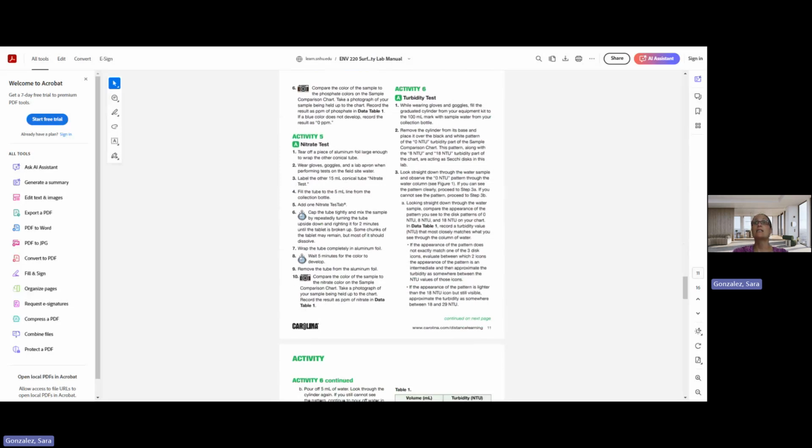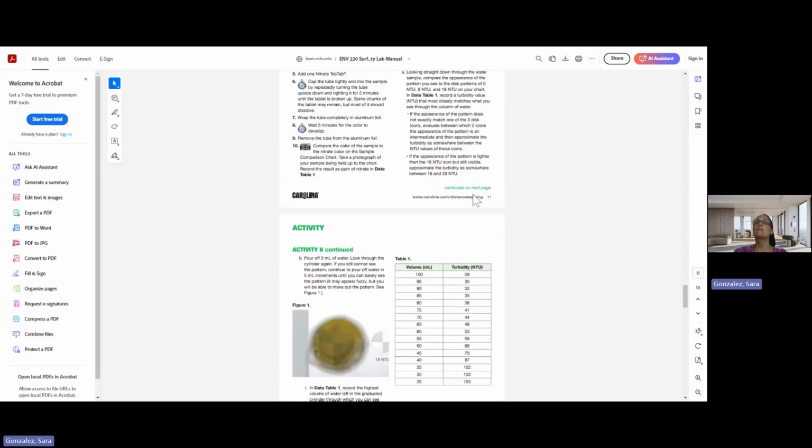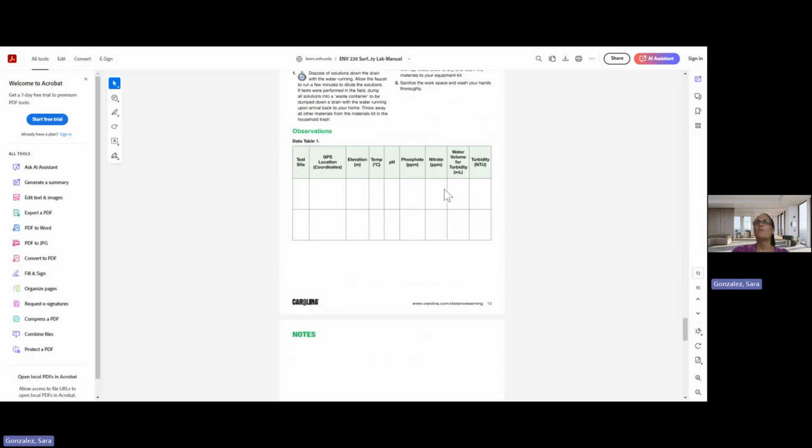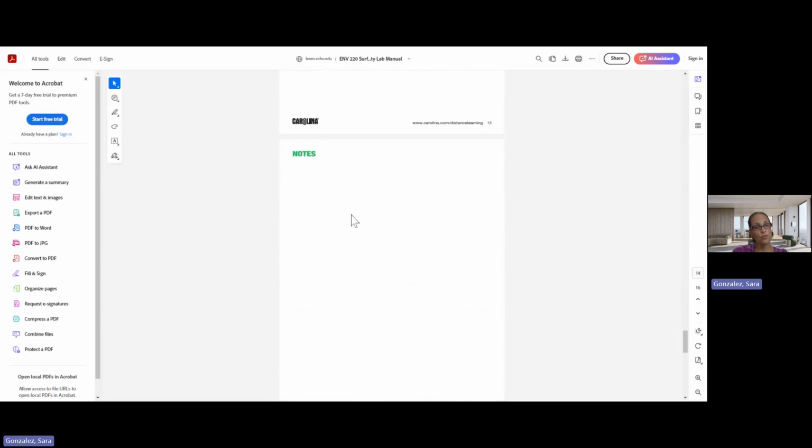Activity 6 is turbidity testing, with a table here, and there are also some observations. There's a template, so make sure you follow each of the steps. Again, plan for about 2 hours or so for this lab, so make sure you're not starting it Sunday evening at 11 o'clock. That should be a good time frame to keep in mind.